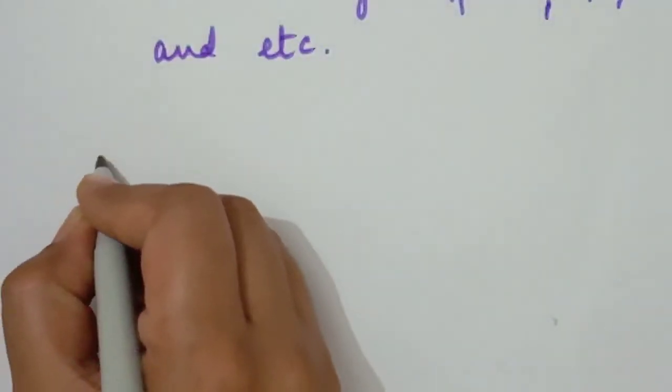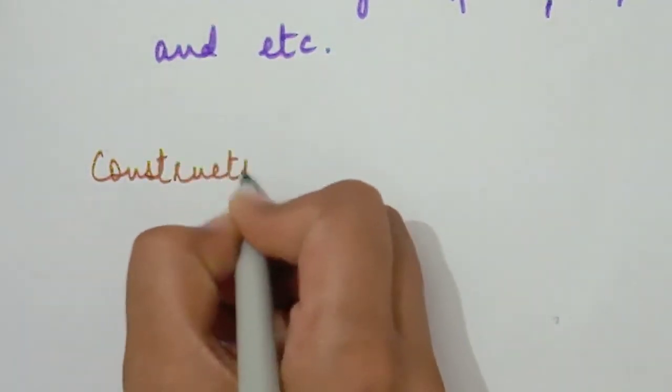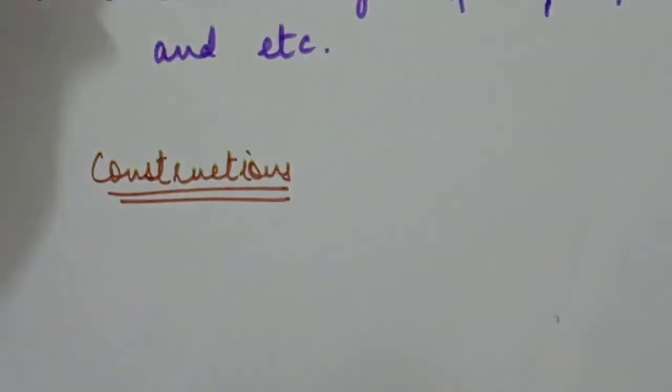Students, first question is, what is construction? What is the definition of construction? When we will draw something with the help of a pencil, colors, then we call it drawing.